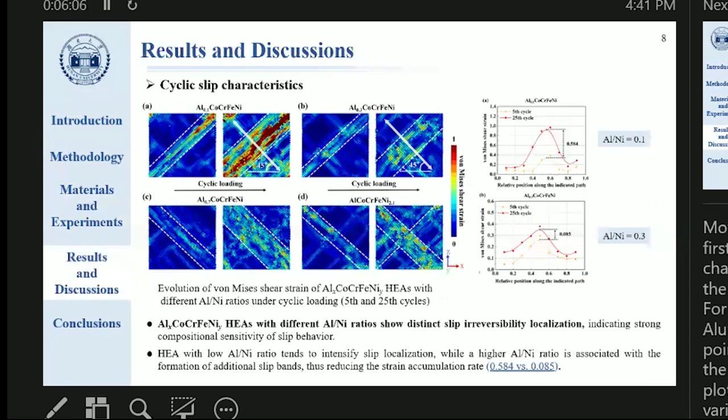For example, they show the two alloys with aluminum to nickel ratios of Z.1 and Z.2, 0.3, sorry, as shown in the figure. Comparing the strain counterparts, we can see even slight composition variations lead to marked differences in slip localization. Moreover, we can also say this difference in slip localization is complex.